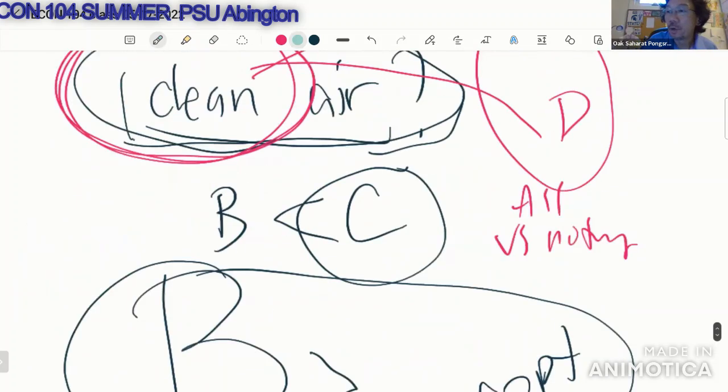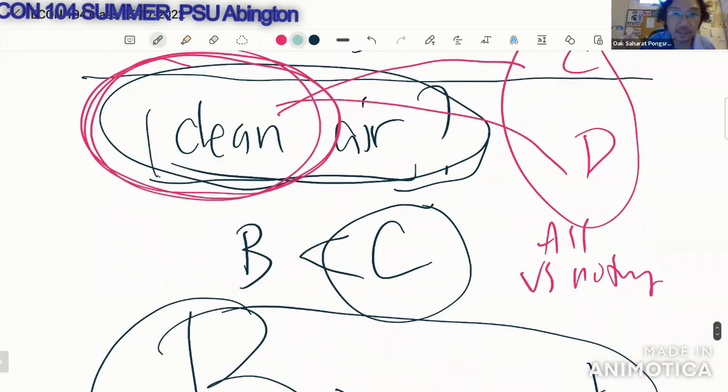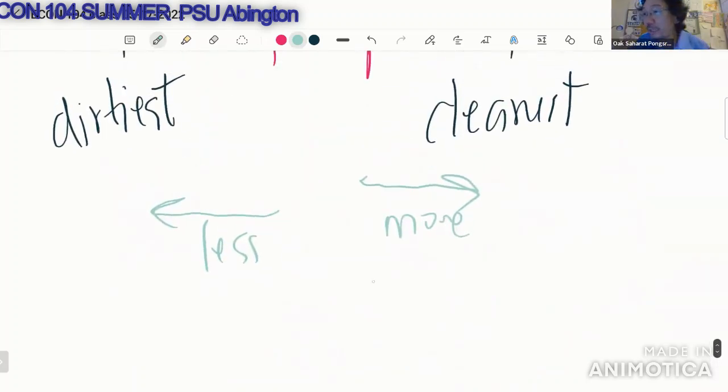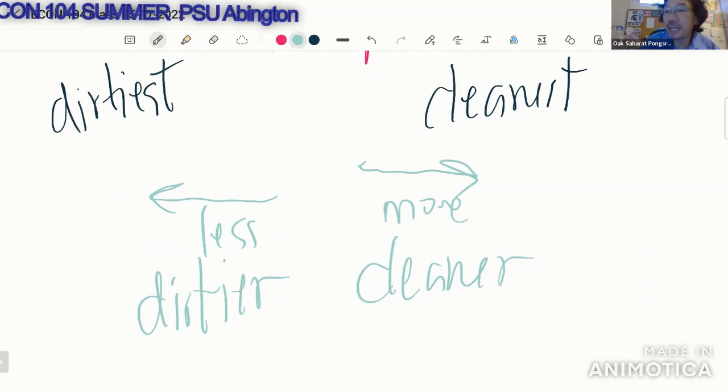The question of clean air doesn't even make sense. No one can answer that question because everyone has a different definition of what clean means. However, if you change the question to cleaner versus dirtier, then that question becomes analytical. That's what marginal thinking means.